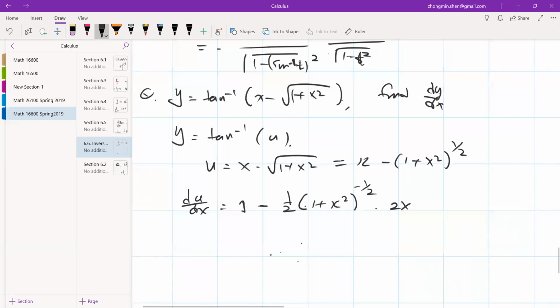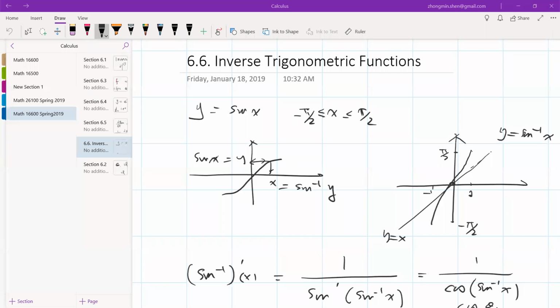Oops. That's weird. I accidentally clicked the wrong thing. All right.